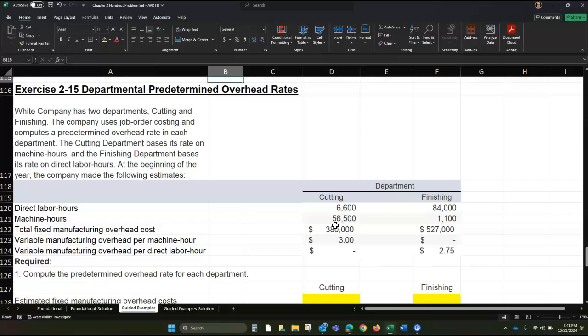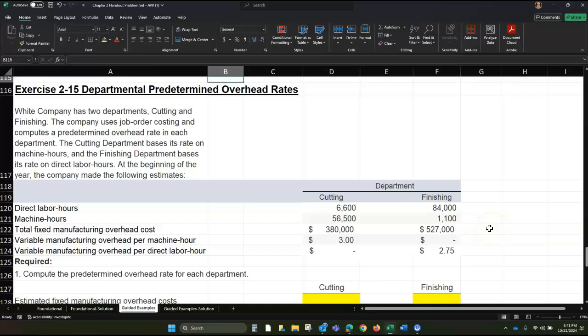The cutting department bases its rate on machine hours. The finishing department bases its rate on direct labor hours. So now we've got two departments and two different drivers, rather than two departments and one driver.